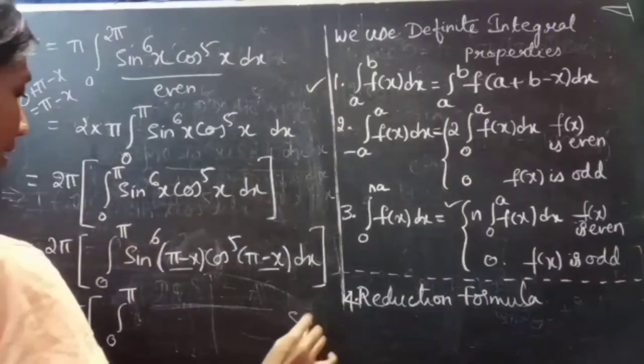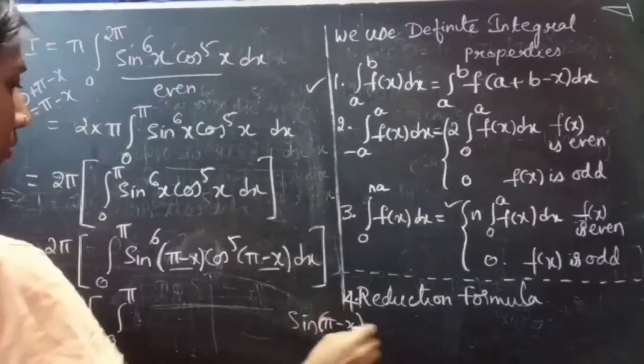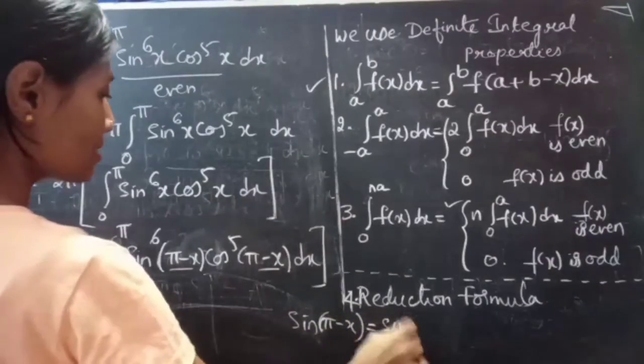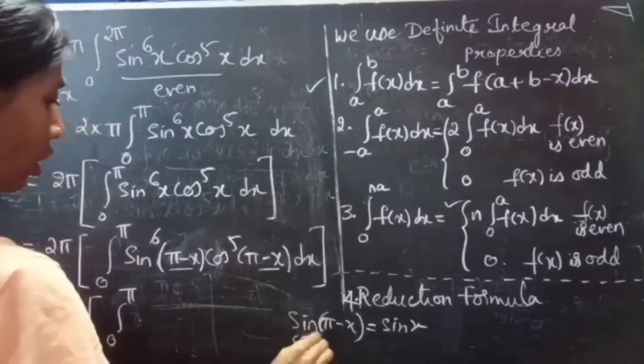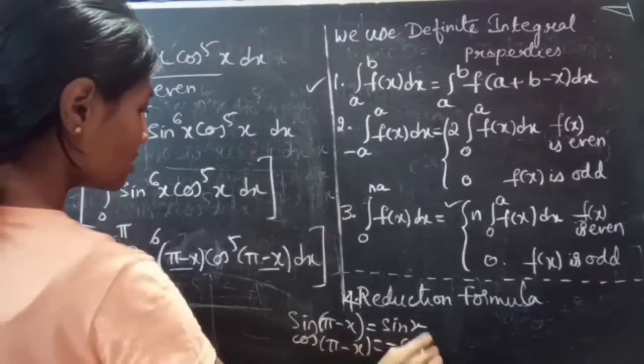We'll get sin pi minus x equals sin x and cos pi minus x equals minus cos x.